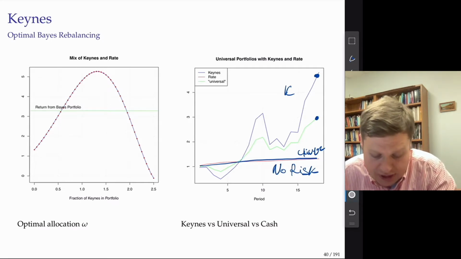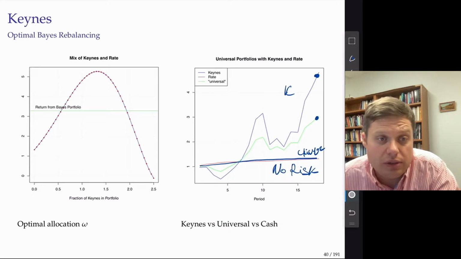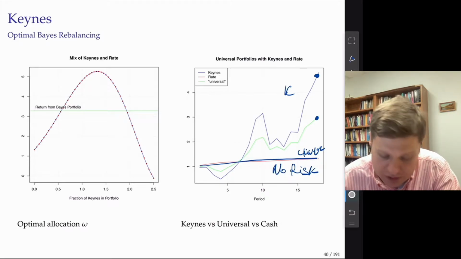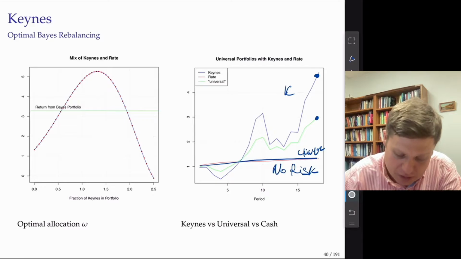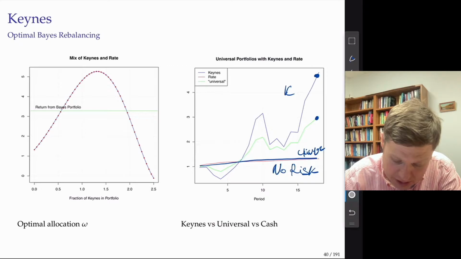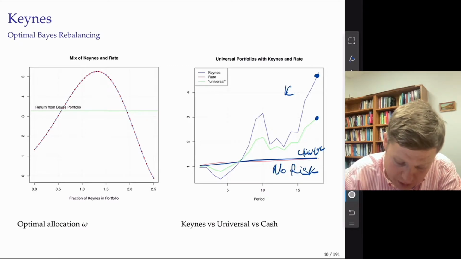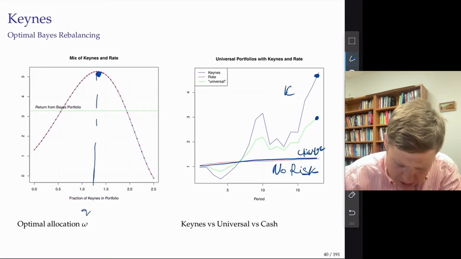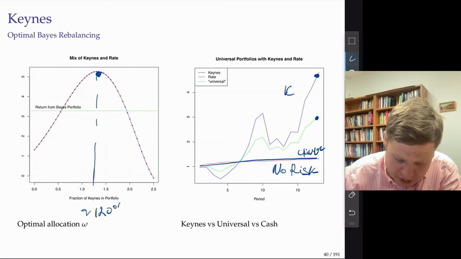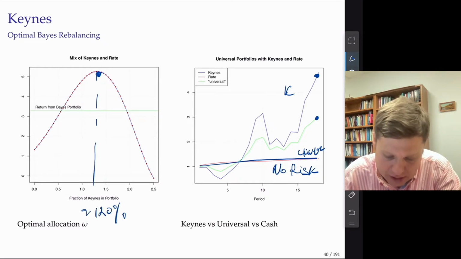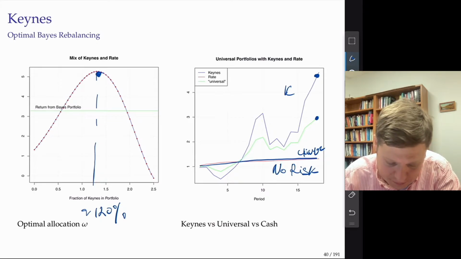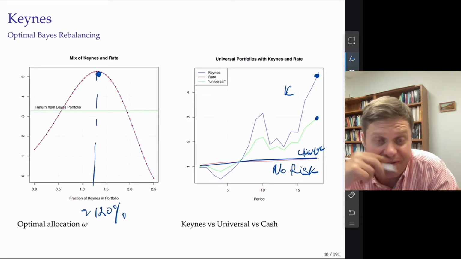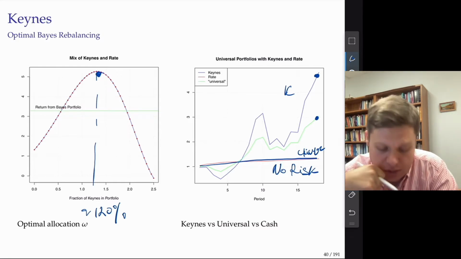And now if you want to decide how much money you want to put into the no-risk investment versus Keynes, and you apply the same strategy, you look at the different allocation ratios, and it actually happens to be the case that you want a little bit more than 100% of your money, so roughly 120% of your money you want to put into the Keynes portfolio, and the rest of it means you want to short the riskless vehicle 20%.